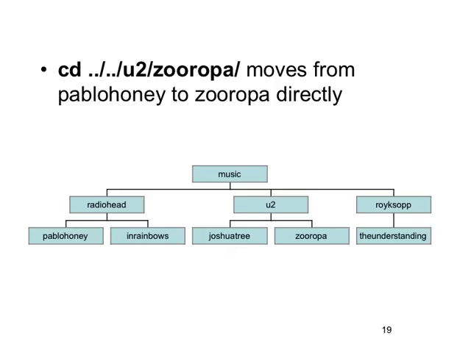If I was in Pablo Honey and I wanted to get to Zuropa, I'd have to say cd .. to bring me up to Radiohead. I'd be in Radiohead then. And I'd say cd .. to bring me up a level to music. Then I'd be in the music directory. And then I'd have to say cd U2 to get into the U2 directory, and then cd Zuropa to get into the Zuropa directory.